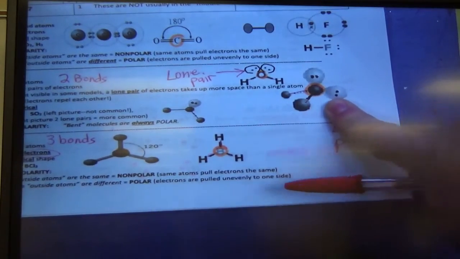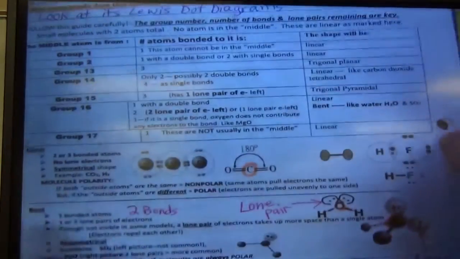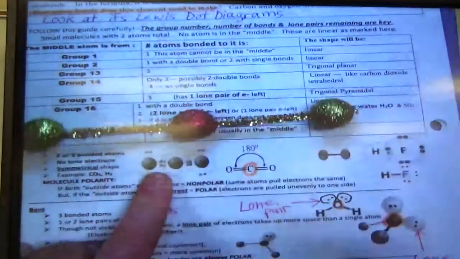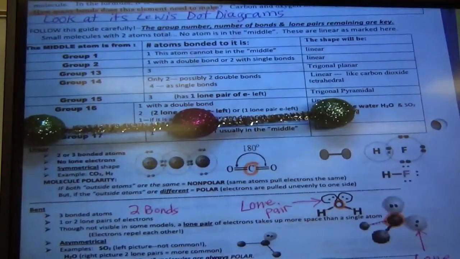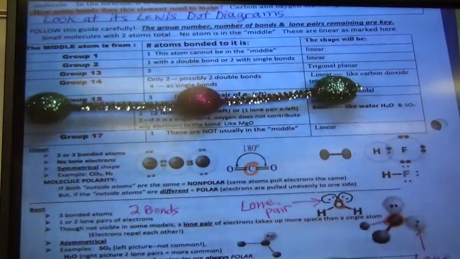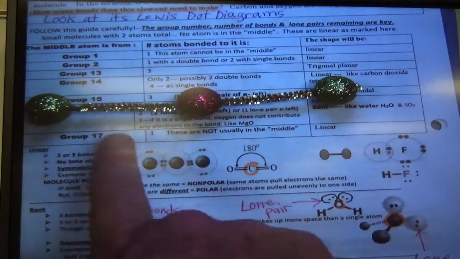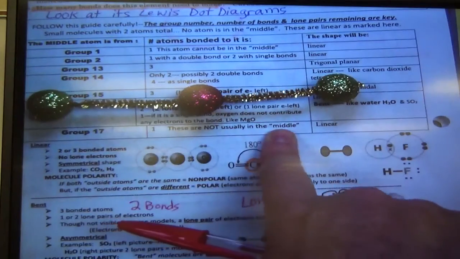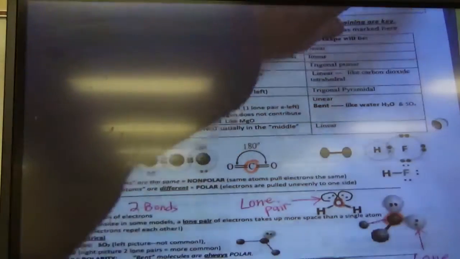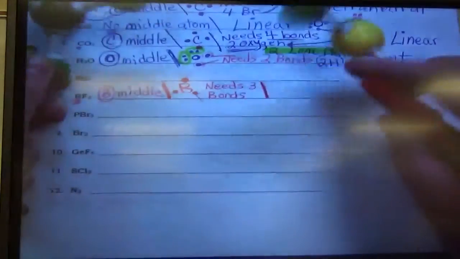No. Wrong number of bonds. It could be linear if it had single bonds like that, like with magnesium chloride. So I'll pull that one aside. Oh wait, how many bonds is that? 2. Forget that, that's not going to work after all. So for 3 bonds to work, we have only these 2 choices.